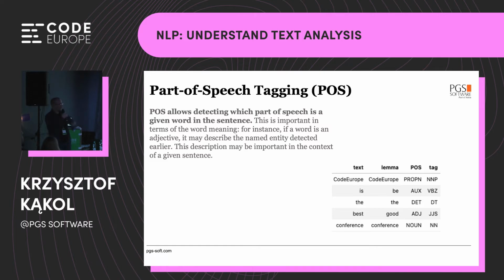For instance, the VBZ tag means that this is present tense, third person, and I think that it also defines the mood. But this can be easily decoded when you deal with part of speech. This gives you even more information, because when you analyze text and want to find what people think about something, you probably have to remove all the verbs, all the determiners, and all the things that do not have any meaningful value for your analysis.